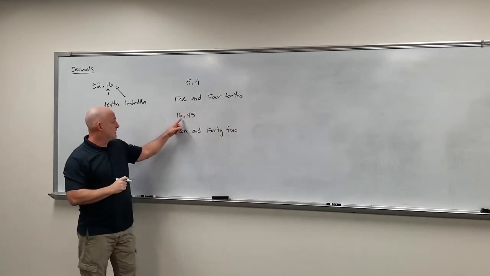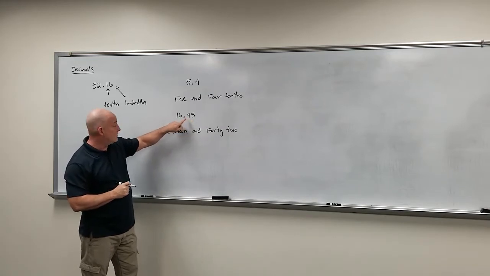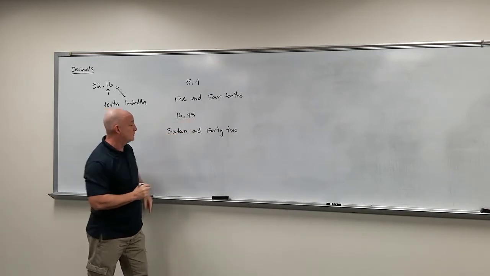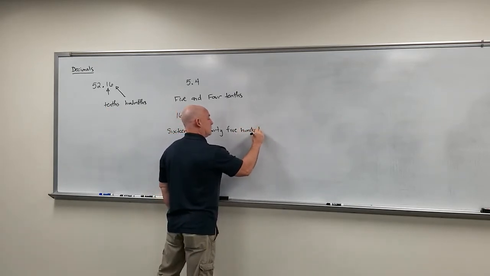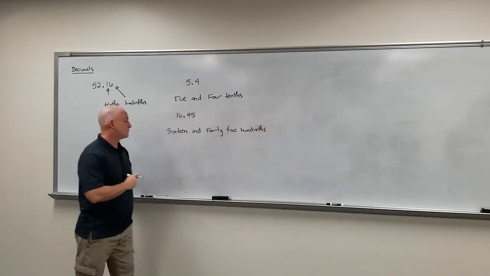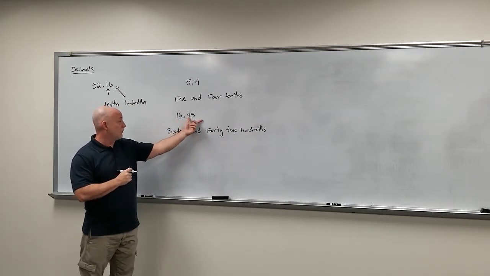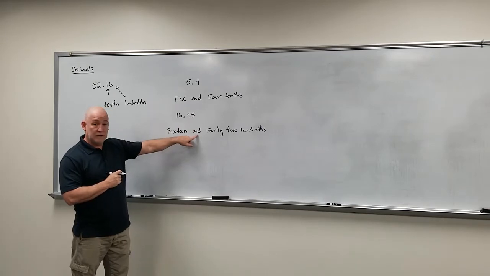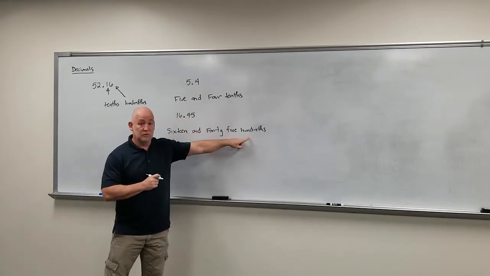All right, so we have 16 and 45. So the 5, the place farthest to the right, that'd be the tenths place, the hundredths place. So this would be 45 hundredths. Okay, so we read the number on the left like we normally would, we read the number on the right like we normally would, put the word "and" in the middle, and the decimal place farthest to the right gets tacked on to the end.